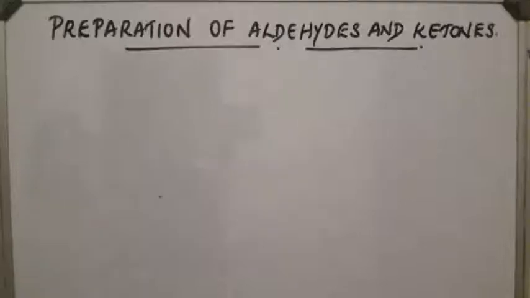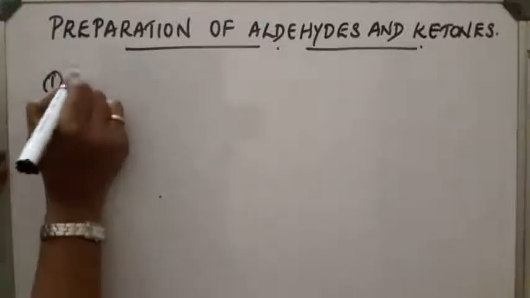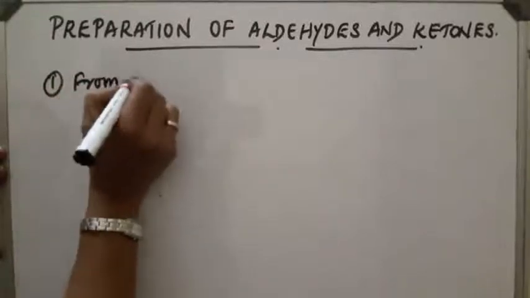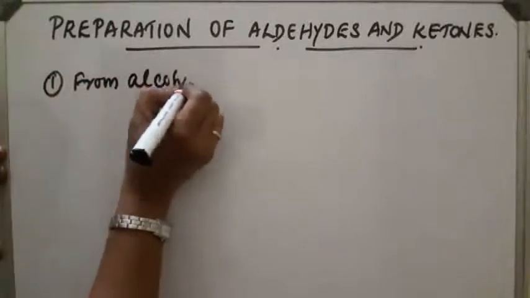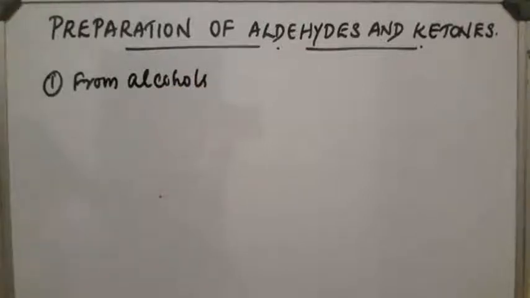Next, preparation of aldehydes and ketones. There are certain methods for the preparation of both aldehydes and ketones. We can use the same method for the preparation of both from alcohols. First case, from alcohols. Primary alcohols on oxidation give aldehydes.